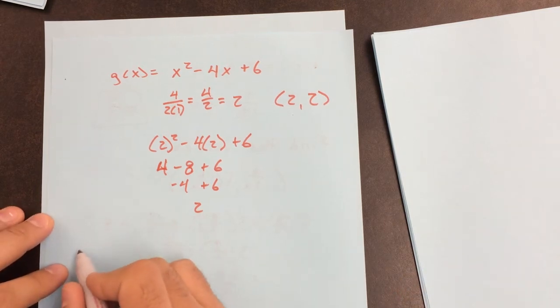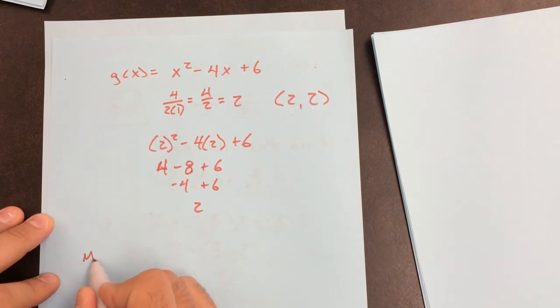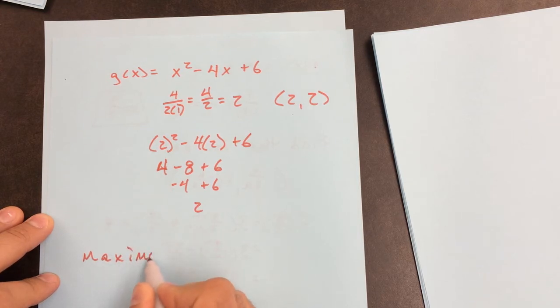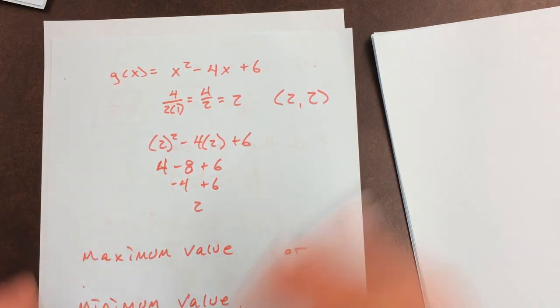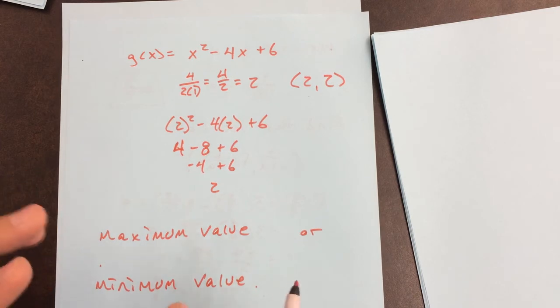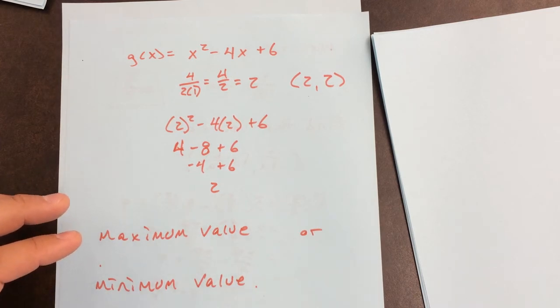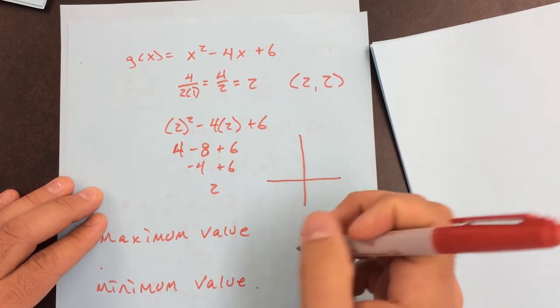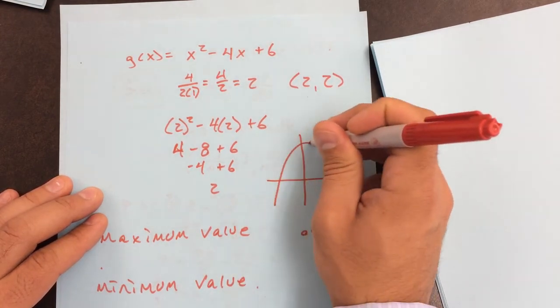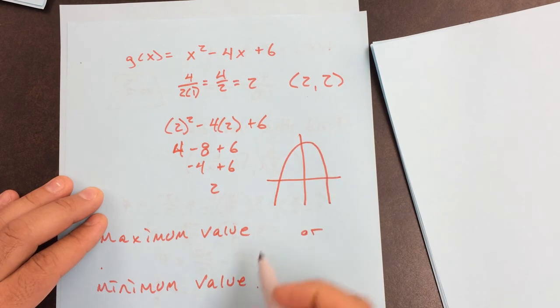The last thing that we want to say is whether the vertex is a maximum value or a minimum value. Well, maximum value means that it's the highest number that it can be. That's the highest value that your output is. If we're looking at our graph, a maximum value is when the quadratic gives you this.